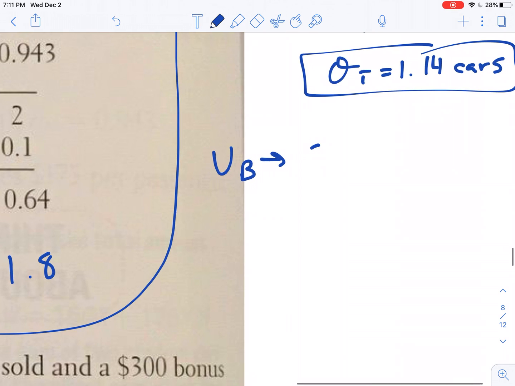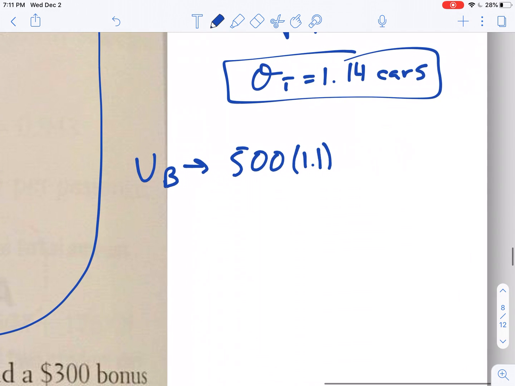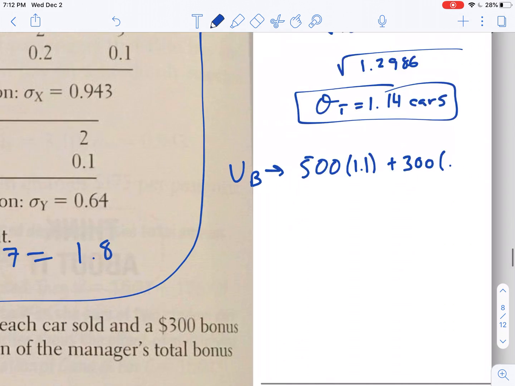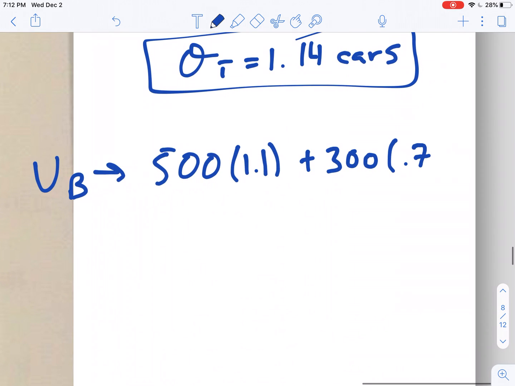This is going to be equal to 500 times 1.1 for the cars sold plus 300 times 0.7 for the cars leased. So we've got $550 already for the cars sold, and then we have $210 for the cars leased.